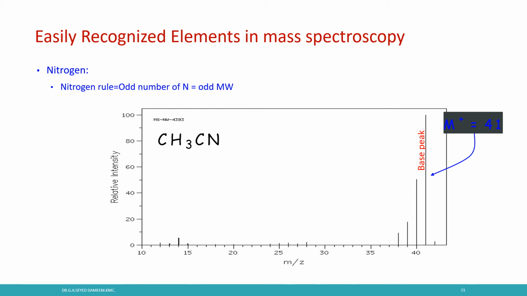By the loss of another hydrogen radical, it gives a peak at m/z 39, and by the loss of another hydrogen free radical, it gives a peak at m/z 38. It also gives a peak at m/z 14, due to loss of HCN from the molecular ion, that is, the formation of CH2 plus.